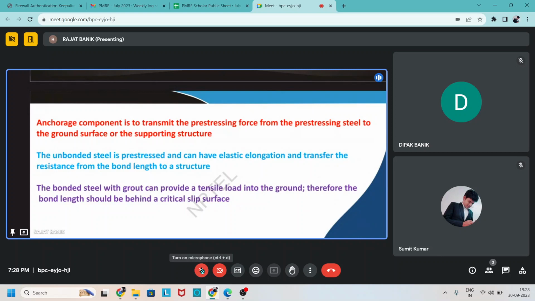The unbonded steel is pre-stressed and can have tension and transfer the resistance from the bond length to a structure.